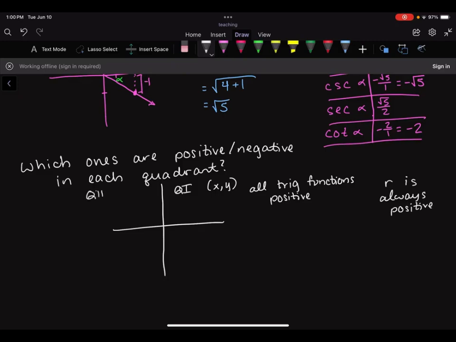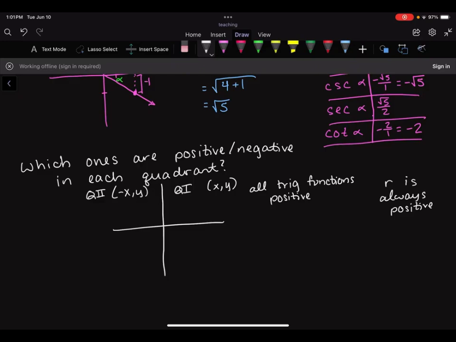In quadrant 2, we're going to have negative x's, but we're going to have positive y's. So we want to think which trig functions are going to deal with y and which ones are going to have to deal with x. Sine and cosecant are both going to deal with y over r.